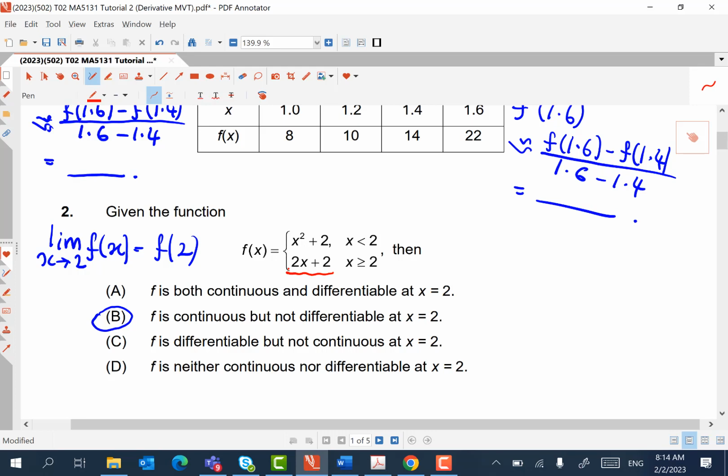It's 2x plus 2, right? And therefore this gives you 6. How do you calculate this limit? You must calculate the left limit using this function, and to calculate the right limit, you use this function. Both of them will evaluate to 6, and therefore the function is continuous at x equals 2. So the checking of continuity, as outlined by Chimaya, is just to check that this statement is valid.